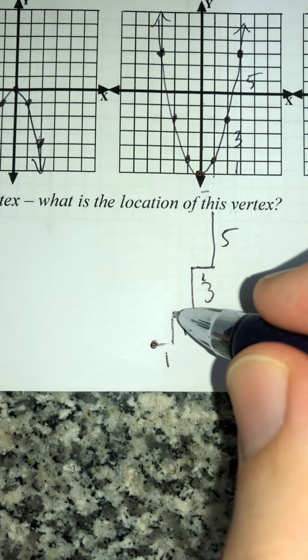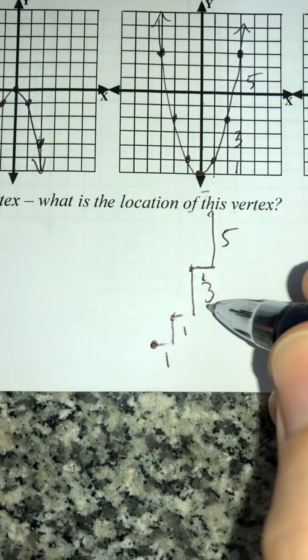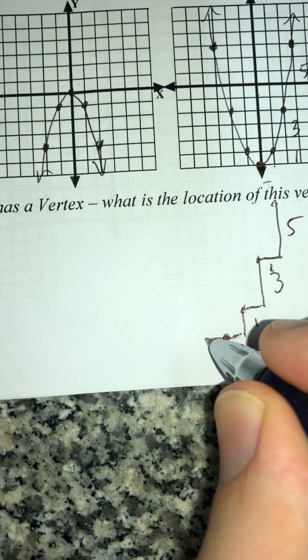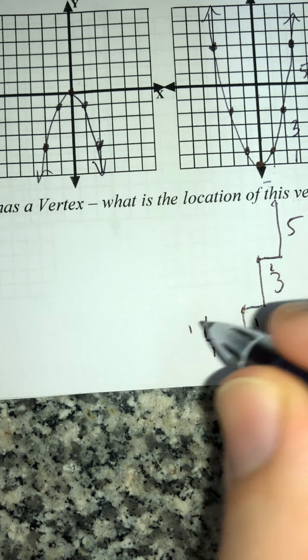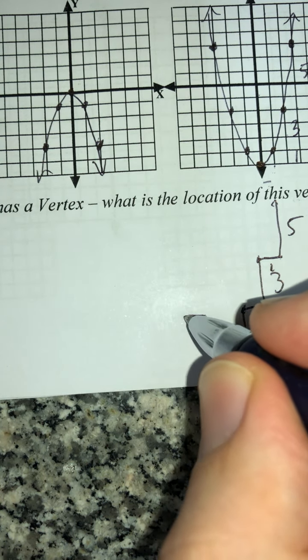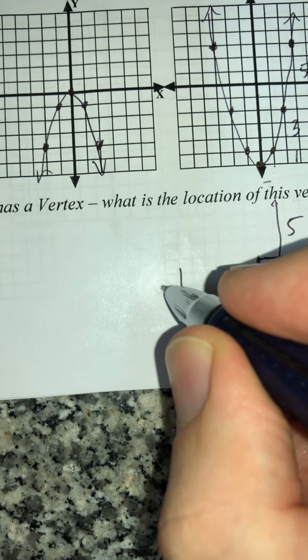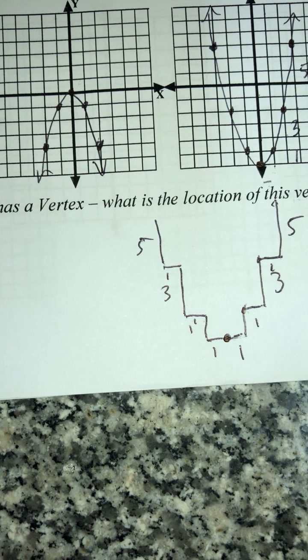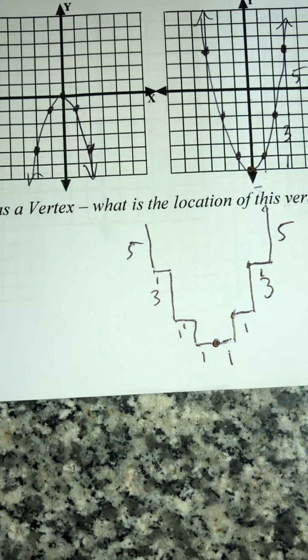And this is kind of the pattern that you're going to see for each of these dots. Same thing, if I go to the other side, I'm going to go left 1, up 1, left 1, up 3, left 1, up 5. So this is just a shortcut. Once you figure out what your vertex is, it's pretty easy to figure out the next points without doing a table of values.